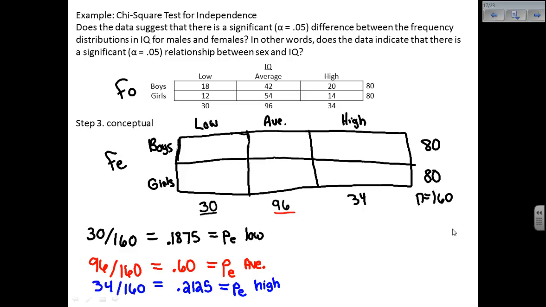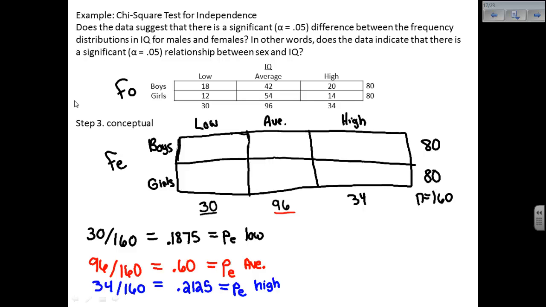So now that we know the proportions of our sample in each IQ group, we want to make sure that we have an equal proportion of girls and boys in each IQ group. So to make sure that the distribution is the same for males and females, we can multiply the proportions that we found by each row total to fill in the values for the frequency expected.